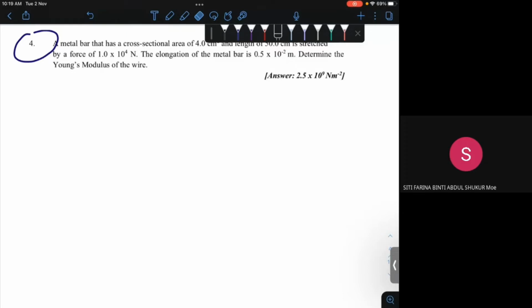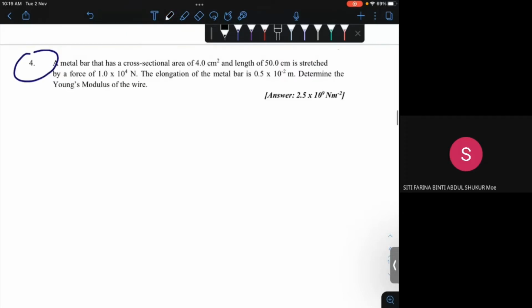Alright, question 4 here. What you have here is a metal bar that has a cross-sectional area of 4 centimeter square and a length of 50 centimeter, stretched by a force of 1 times 10 to the power 4 Newton.